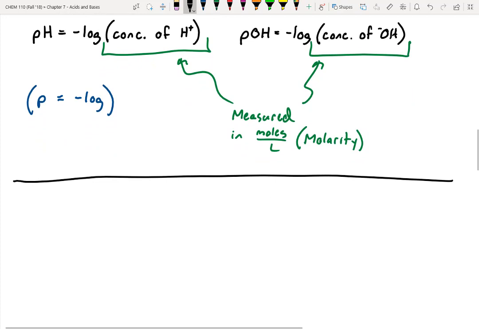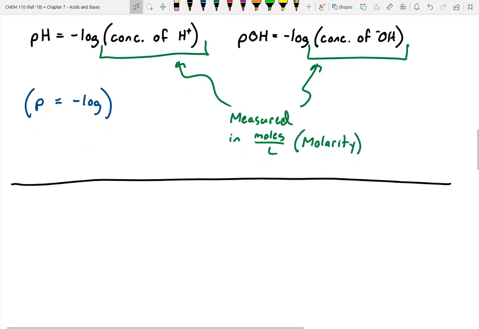Let's say we know the pH, but we don't know the concentration. Then we've got to do some log rules. So we could say that the concentration of protons in solution is going to be equal to 10 to the negative pH.